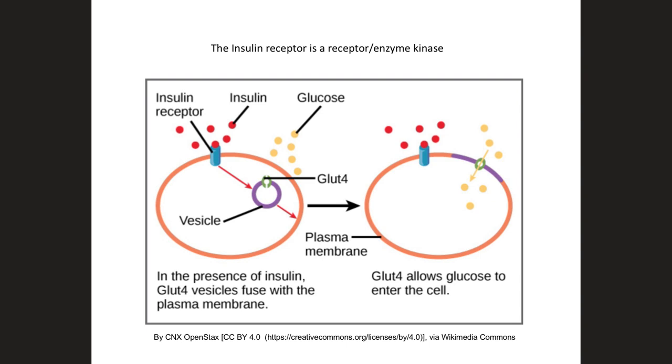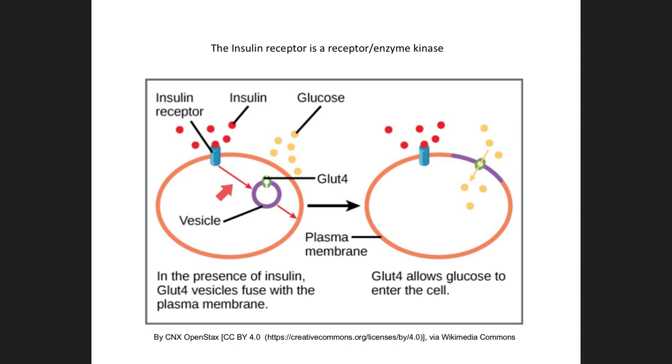An example of this is the insulin receptor that you met before when we were talking about big molecules entering into the cell. If you remember, one of the examples we gave was how glucose enters the cell. This happens when insulin binds to particular receptors. Insulin binds to the insulin receptor, and this insulin receptor is a tyrosine kinase.